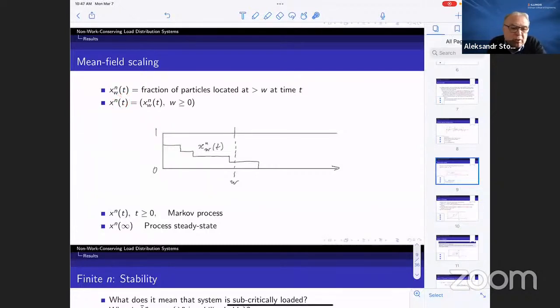It's like an empirical, that's the actual distribution of particles at time t. That's all it is, except this is a complementary distribution function, right? So obviously this X^n is a Markov process, and if the process has a stationary regime, stationary distribution, we will use this notation for it. So this is a random state of the process in steady state, if steady state exists. So this infinity indicates time at infinity.